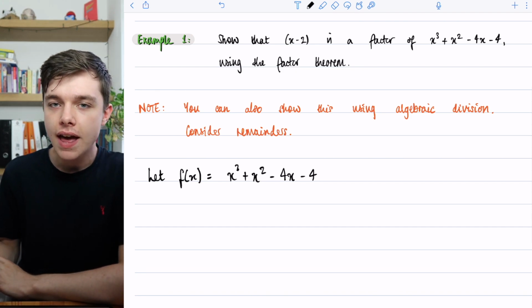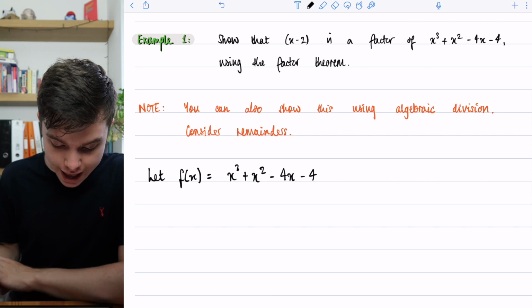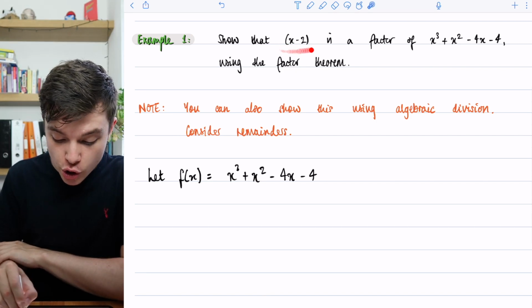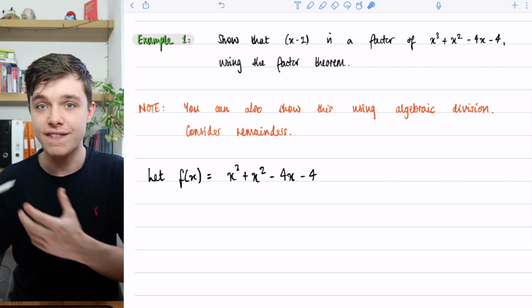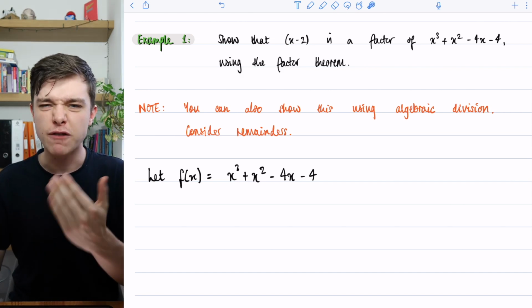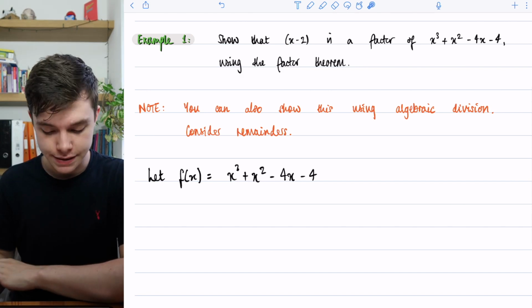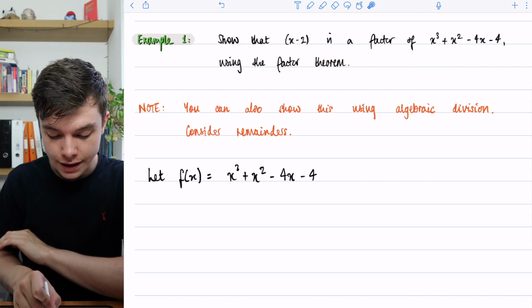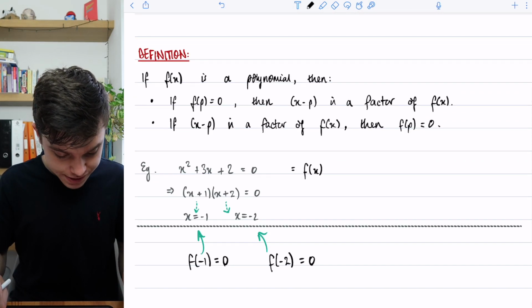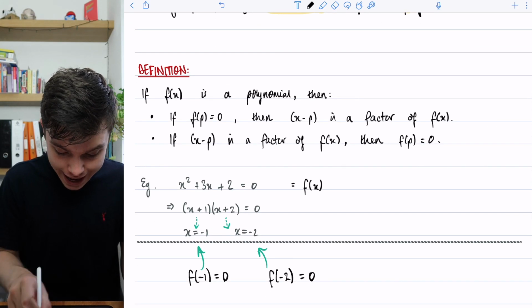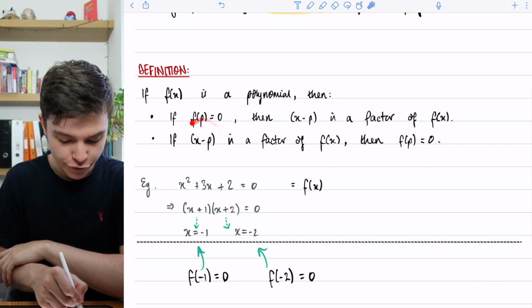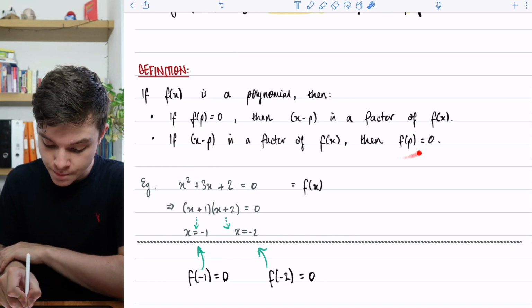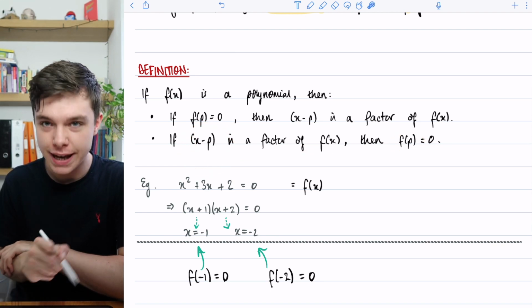Then, if x minus 2 is a factor, we're being asked to show that, so we need to do our proof or our steps to show that it is a factor. If it is a factor, then remember here, the second bullet point, it says if x minus p is a factor, so if our linear function here is a factor, then f of p must be equal to 0.